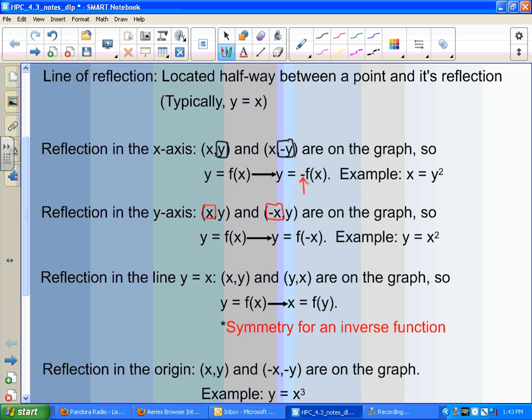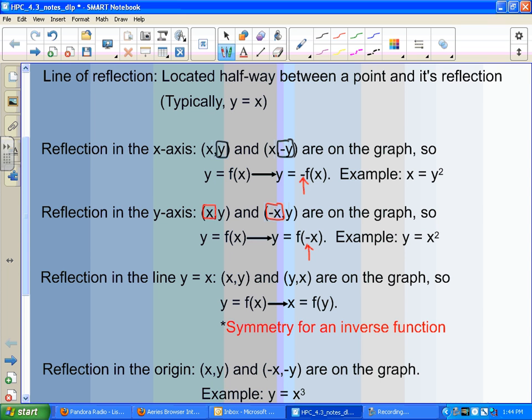The new function where I have horizontal changes, notice that the negative is now on the inside of the function. So if I had, for example, back to a quadratic, in the parentheses a negative of x plus 3, for example, squared, and then plus or minus another number, that negative on the inside tells me that I'm going to flip the graph right to left instead of flipping it up and down. So that's new for us, this inside negative, what it does.